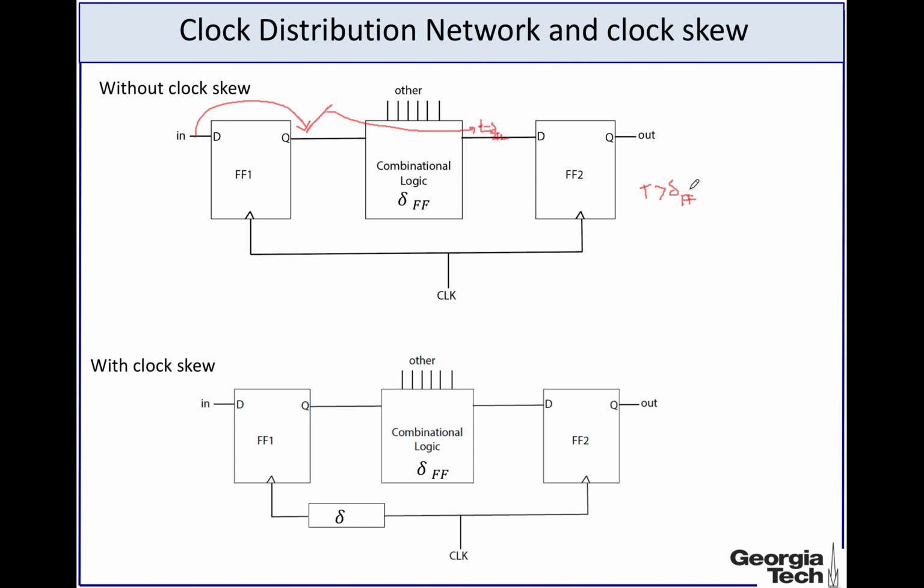All right, so now let's say there is a clock skew of delta. Now say this flip-flop 2 gets the first clock signal at t equals 0, and as a result this input goes to the output of this flip-flop at t equals delta, and then this is converted to the output of this combinational logic at time delta plus delta ff.